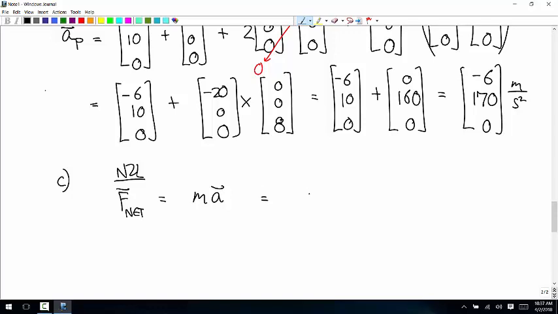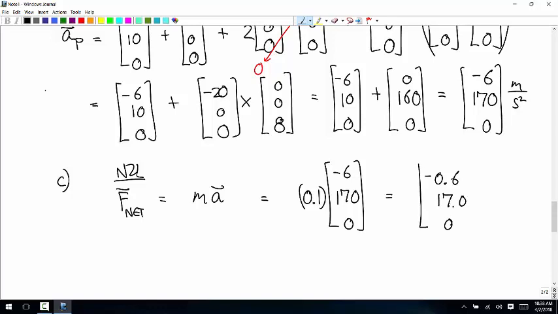I said the mass of the particle is 0.1 kilograms. Now we know that the true acceleration is -6, 170, 0. And so at that instant, the net force acting on that particle is -0.6, +17, 0 newtons.